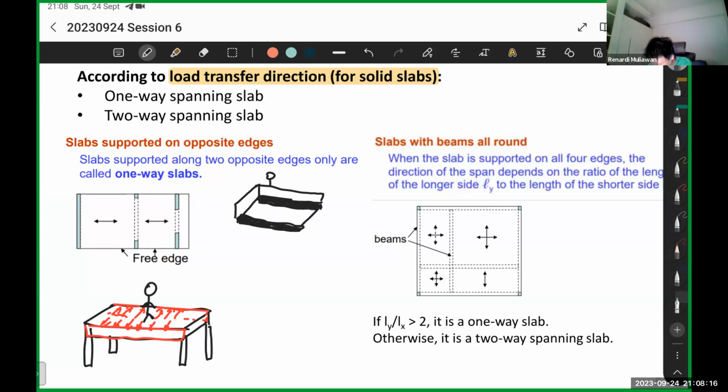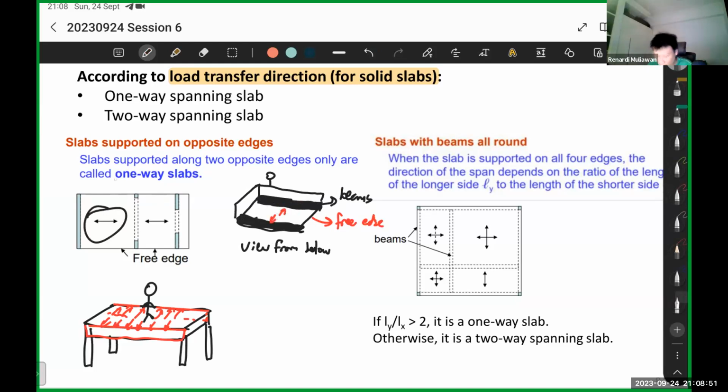But these two sides are not supported by beams. So we call this the free edge. This one is the view from below. Your beams are only located on two sides. So these are beams. In that case, the load will be distributed onto the beams.